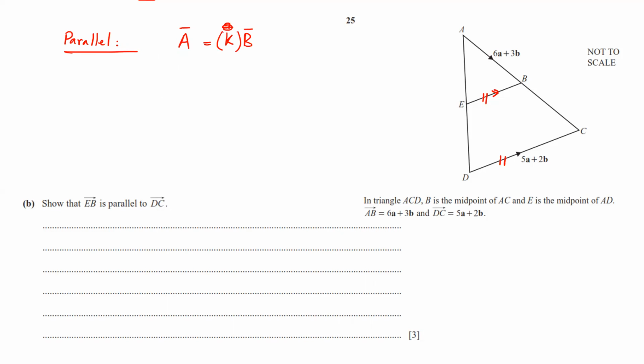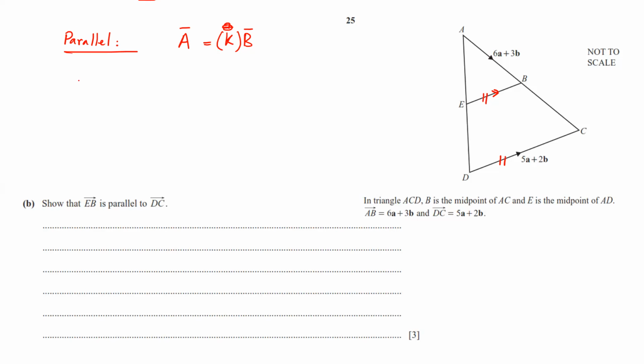So if we are able to show that these two vectors, EB and DC, are integer multiples of each other, then we'll be able to show them as parallel. Okay, so let's first find the EB vector.